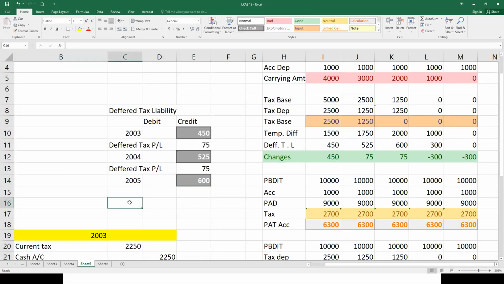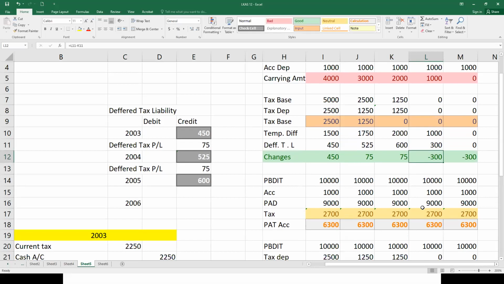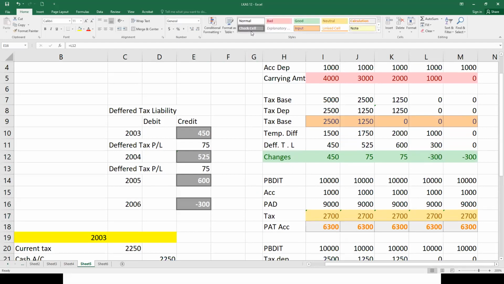We'll see 2006. In 2006, how much will the closing balance be? It should be equal to 300. Then how much difference here?